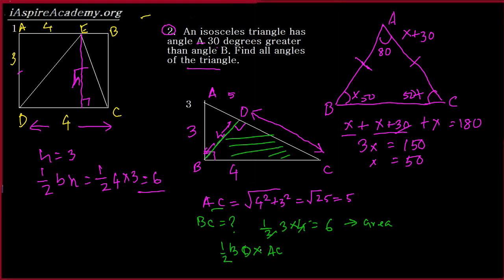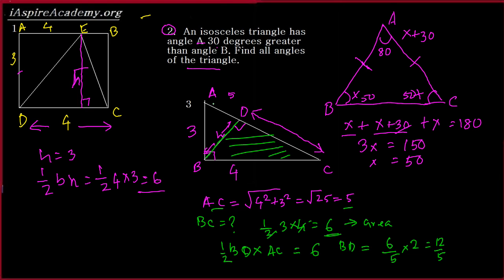Because BD is the height of the triangle, and AC becomes the base. Now AC, by applying Pythagorean theorem, we know this is 5. So this is equal to the area, right, which we have found out as 6. So from here we can find BD equals 6 divided by 5 times 2, right? So it's 12 by 5.